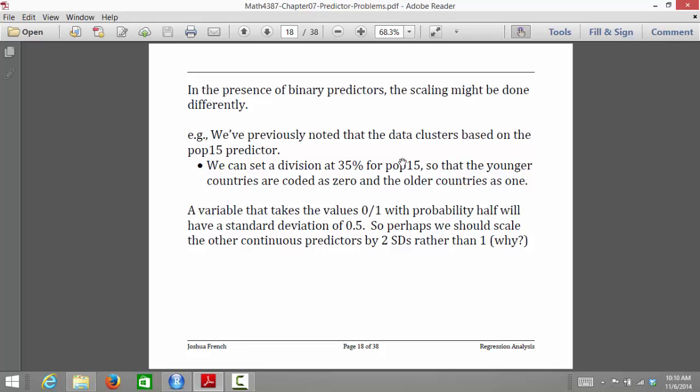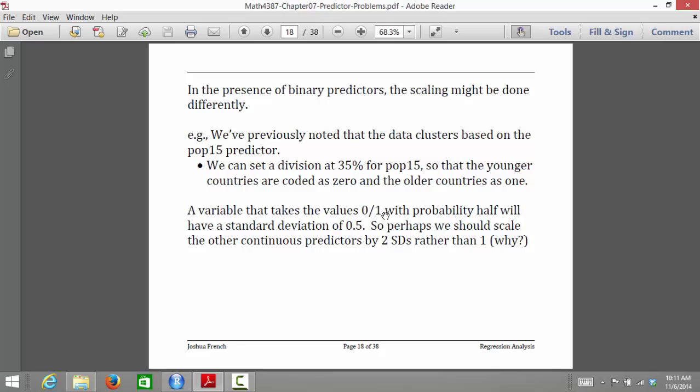In that case, instead of scaling each of the predictors by subtracting the mean and dividing by the standard deviation, we might instead scale by 2 standard deviations rather than 1. The reason is that if the probability is half that the binary variable is 0 versus 1, the standard deviation would be a half.